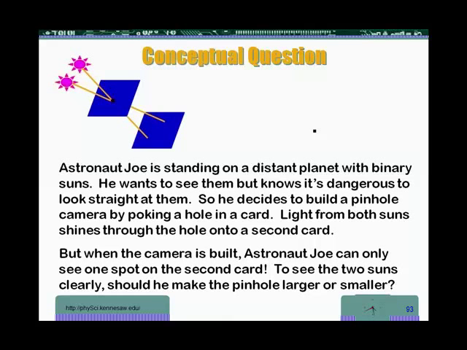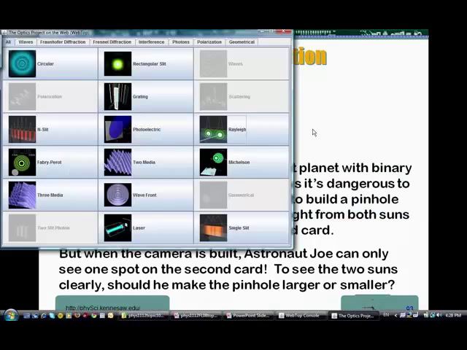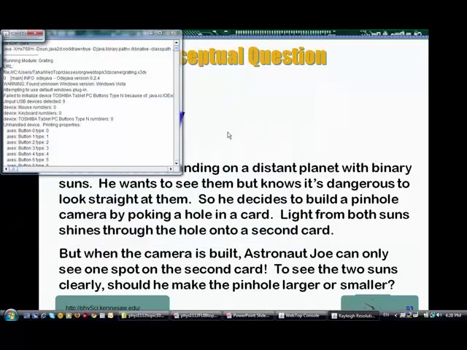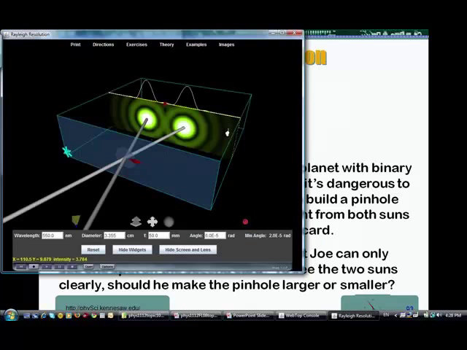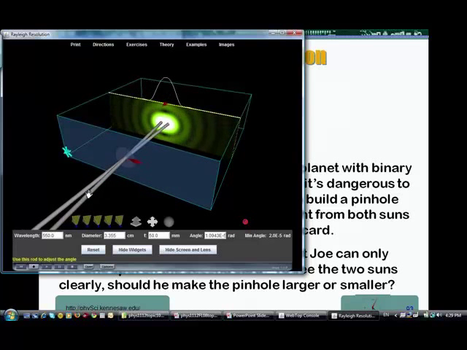Okay, this is what we just have discussed. Actually, let me pull it up again. So what happened for Joe here? So he sees both stars as one dot.